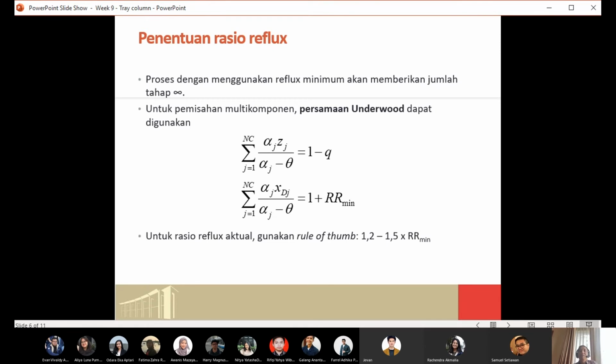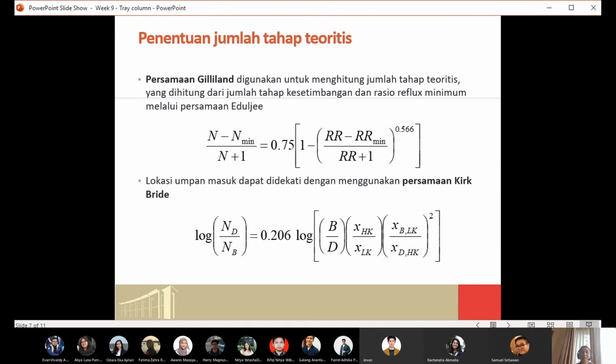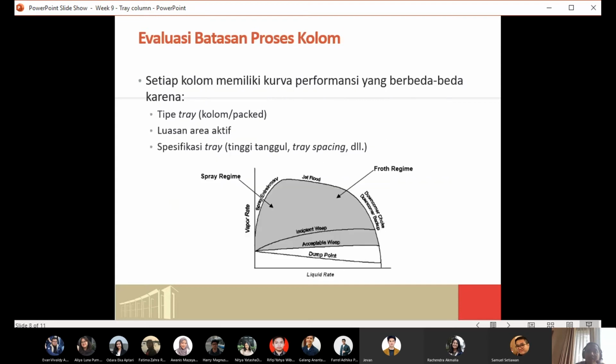For the minimum reflux, you use the Underwood equation, and then the Gilliland correlation for theoretical stages. The optimum inlet stage for the distillation column is calculated using the Kirkbride equation.